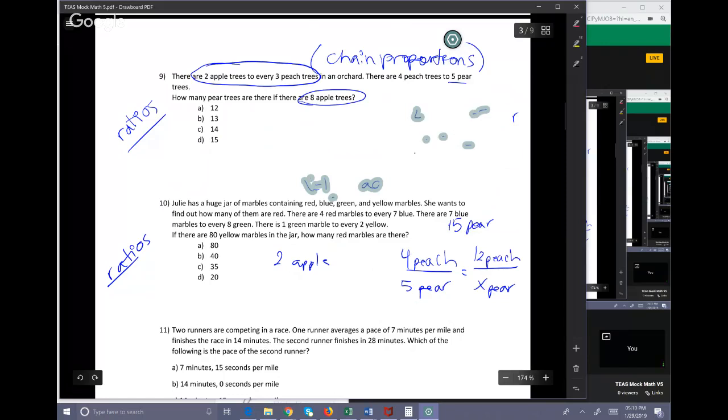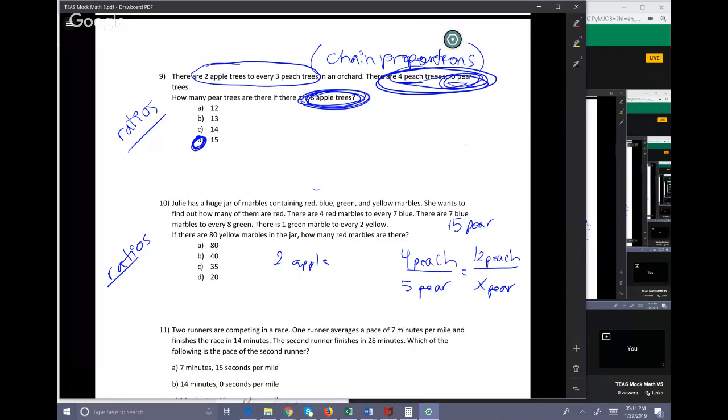So once you use the apple to peach relationship, then you get over here to the second given. You use your peach trees that were from here to find out how many pear trees that is. And because of the 2 separate comparisons that we have, we can use 2 separate calculations and find out that 8 apple trees corresponds to a certain number of peach trees, which then corresponds to 15 pear trees.